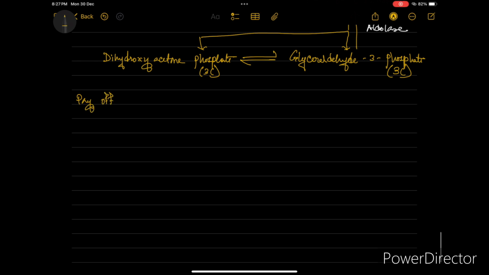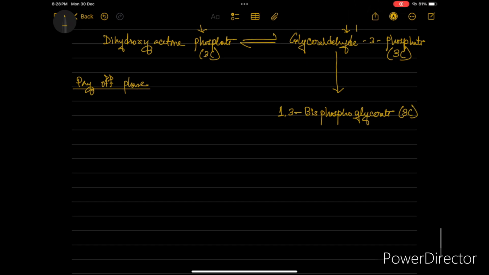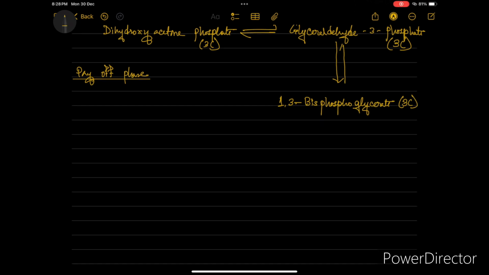The second phase of glycolysis is the payoff phase, which starts from glyceraldehyde 3-phosphate. At the very beginning, glyceraldehyde 3-phosphate is converted into 1,3-bisphosphoglycerate, a reversible step catalyzed with the cofactor NAD.